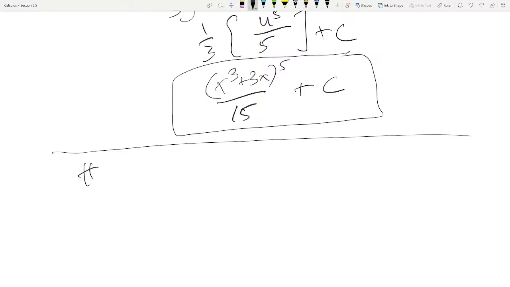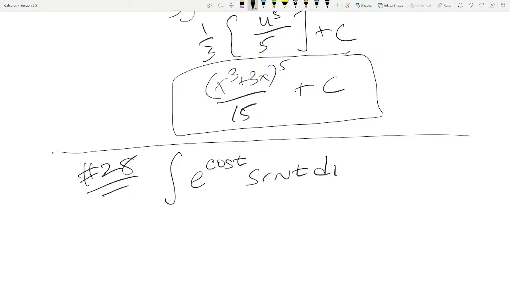Number 28. Speaking of rigged, e to the cosine t sine t dt. Here we have e to something, and it'd be great if I could utilize that integral that I'm so good at, this one.